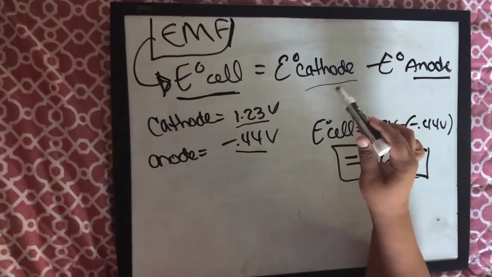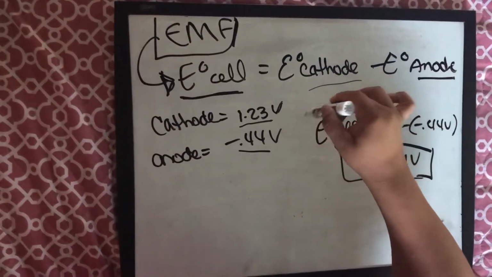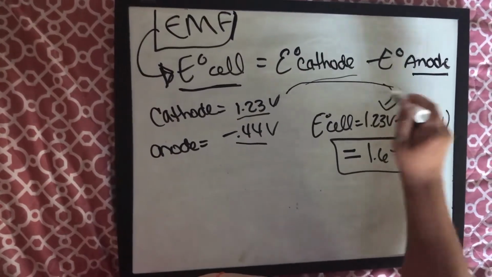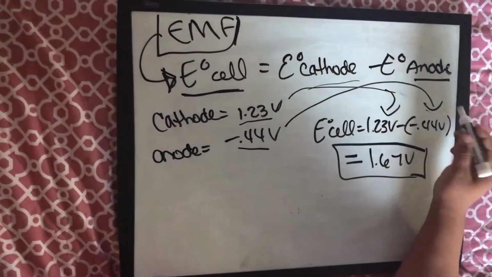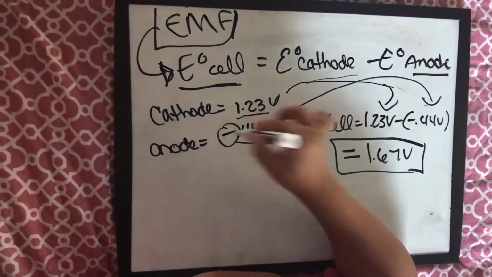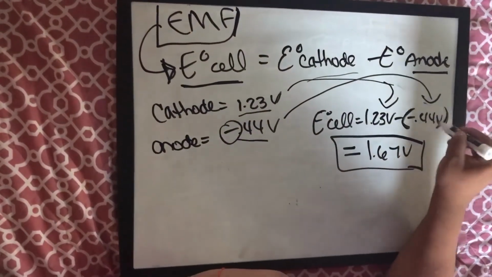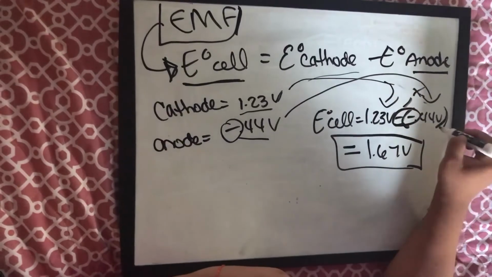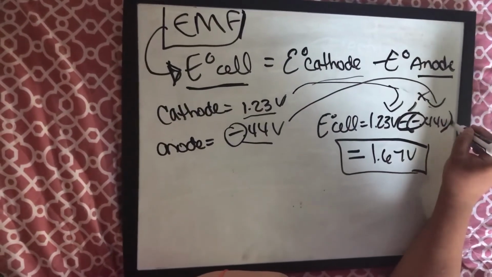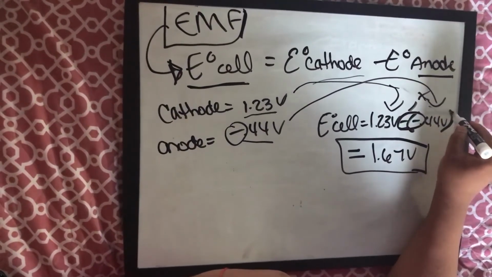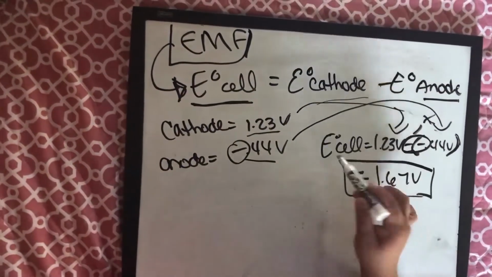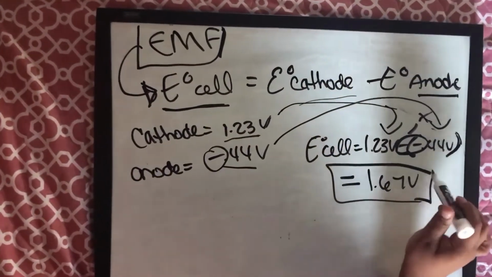So when you substitute both numbers, since you have a negative here, you have to put it in parentheses. And don't forget that a negative times a negative is a positive. And when you put this into your calculator, do not forget the parentheses. And once we calculate the E cell, we get 1.67 volts.